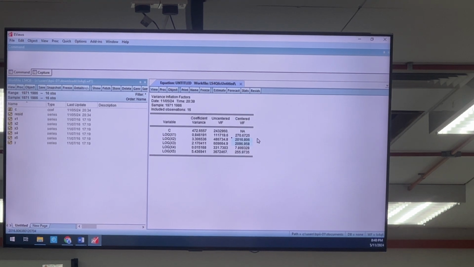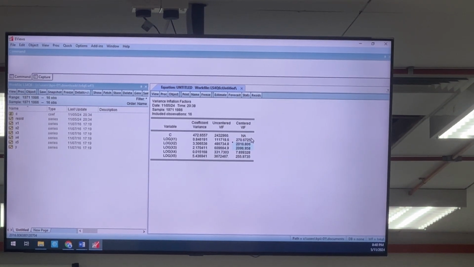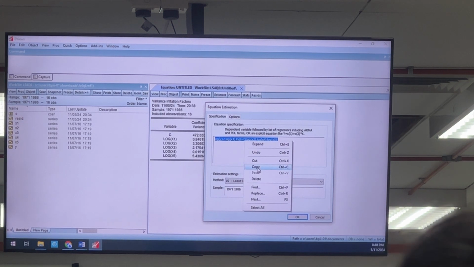One way to decide is by looking at the cross correlation. You inspect the cross correlation table, and that can help us decide which variable we should prioritize in excluding or removing. Again, to save time, I just copy this.